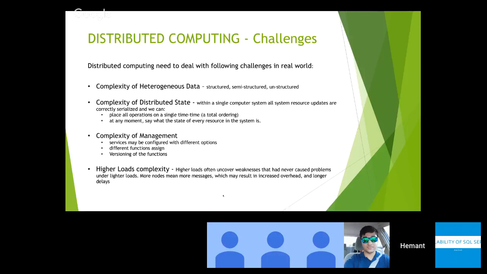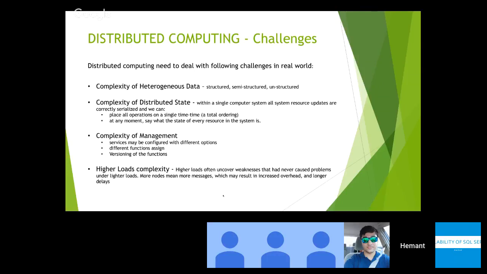Then there is complexity in management. A service may be configured with different options. So every node, every resource, and every component has to be configured similarly, or maybe depending upon the system it is supporting.